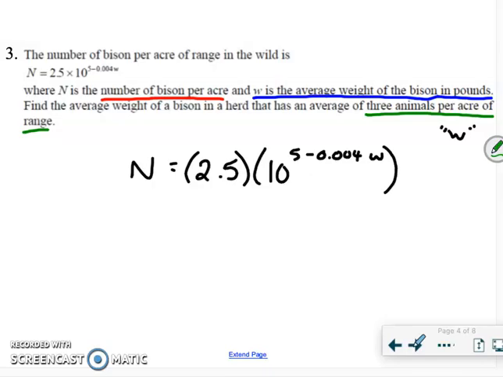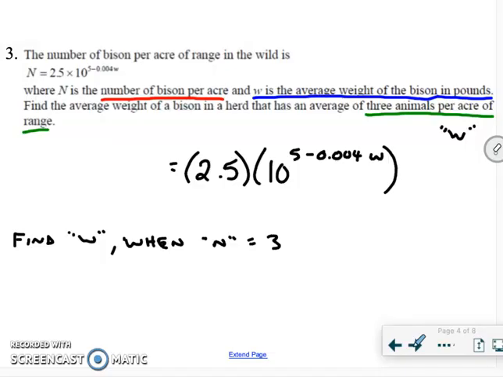Basically what they're asking us to do is to find W when N is equal to 3. So if we know that N is equal to 3, our job is then to find W. That's what they're asking us to do in this problem.